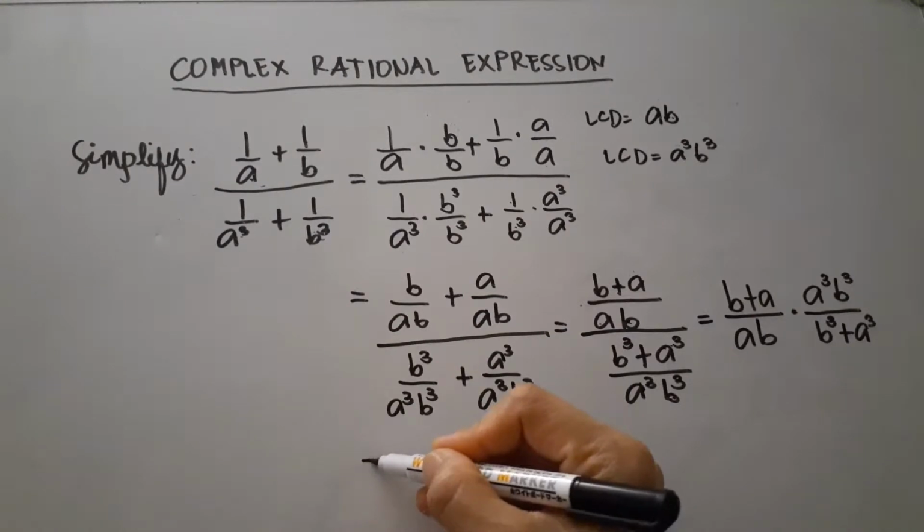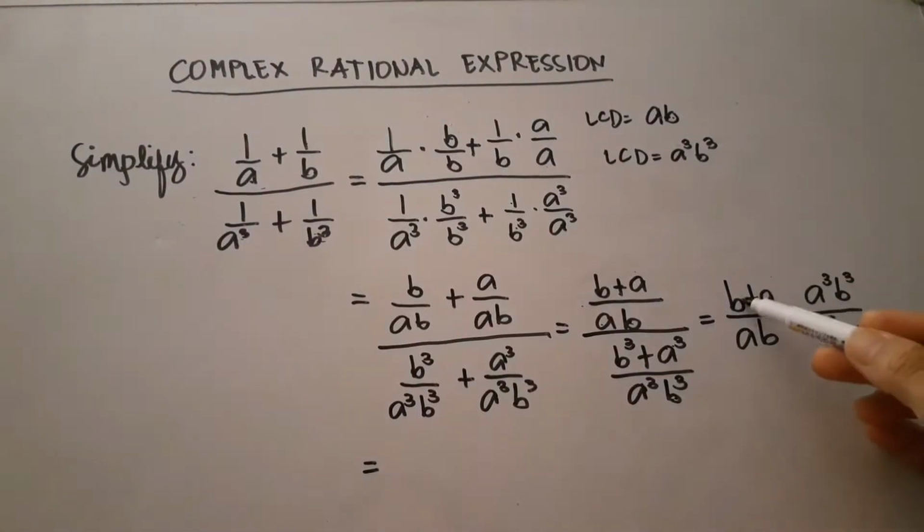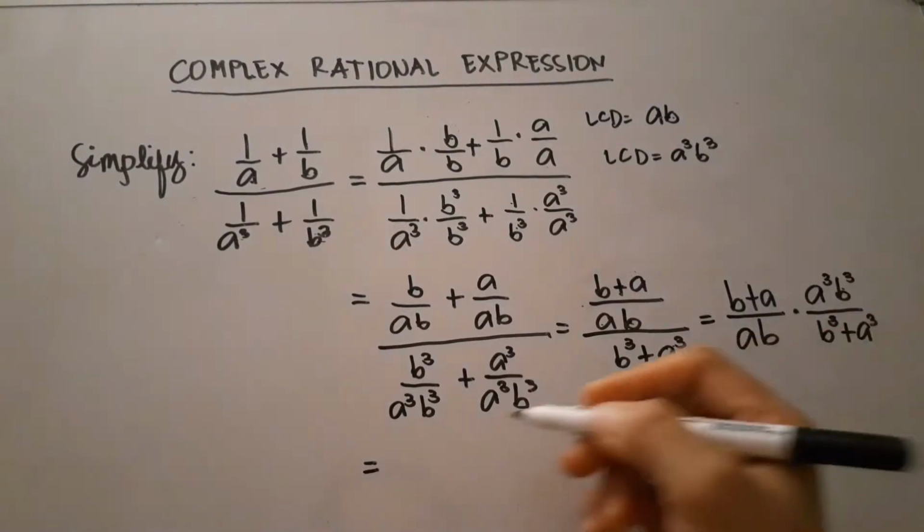In the next step, since we have a denominator b cube plus a cube, we can factor it.